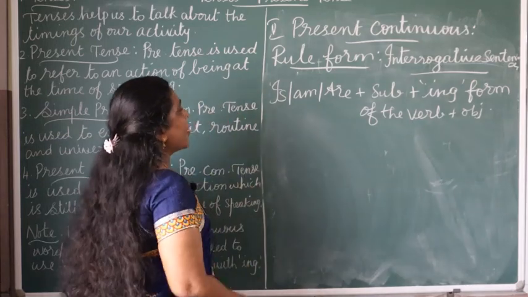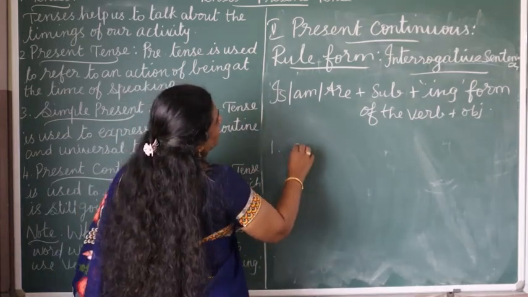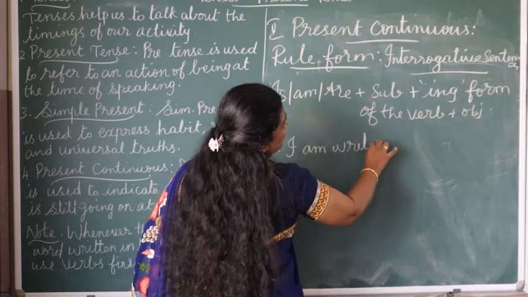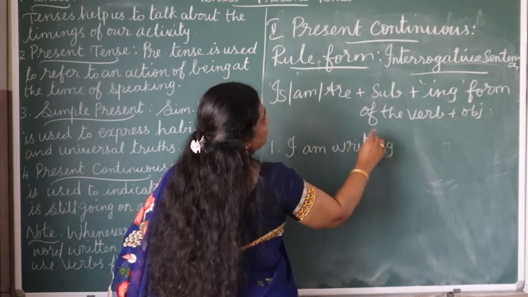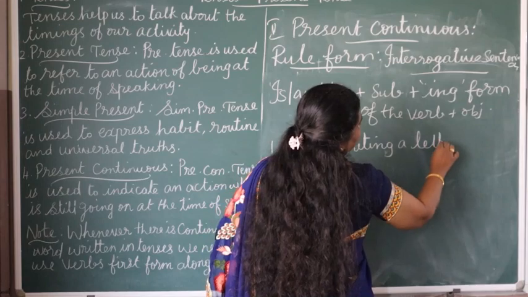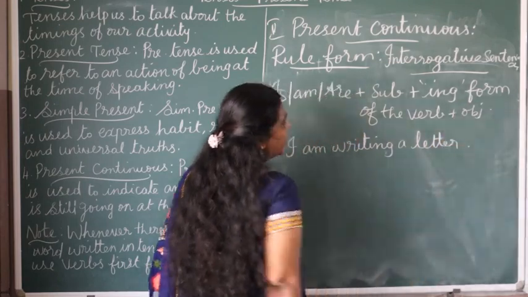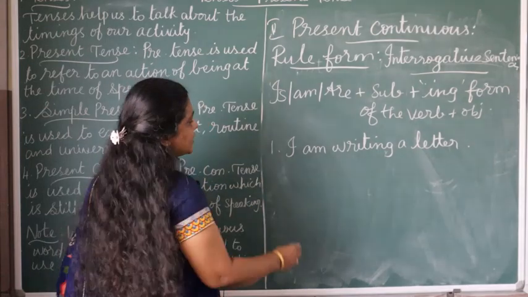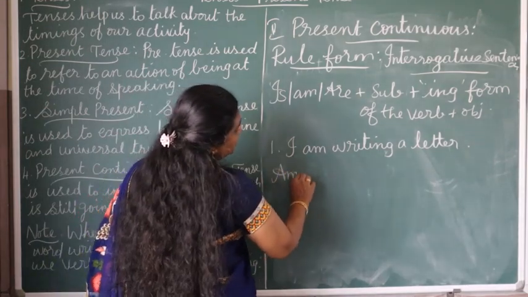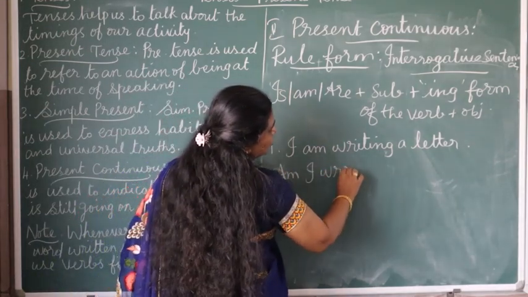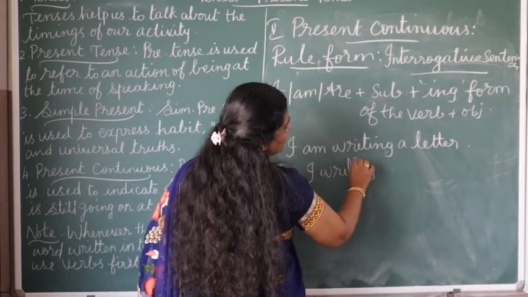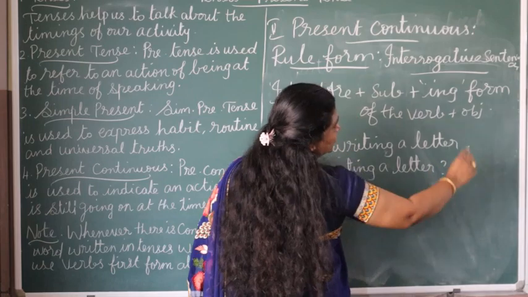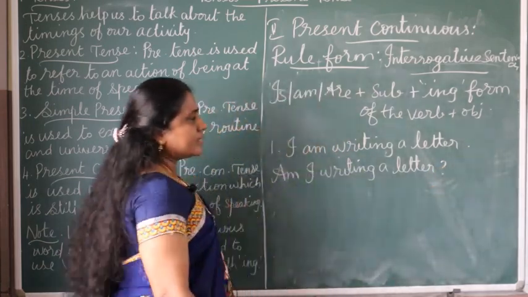Examples are, I am writing a letter. In interrogative sentence, the helping verb comes before the subject. So, am I writing a letter? Put a question mark at the end of the sentence.